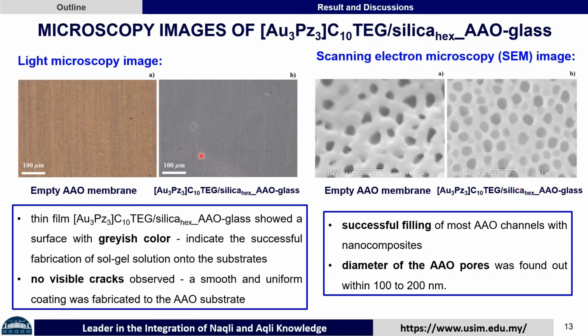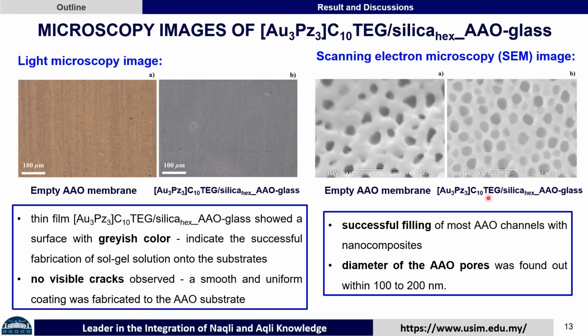As you can see, in the light microscopy image, the thin film nanocomposites on AAO glass showed a surface with grayish color to indicate the successful fabrication of the sol-gel solution onto the substrate. Interestingly, no visible crack was also observed, showing that a smooth and uniform coating was fabricated on the AAO substrate.